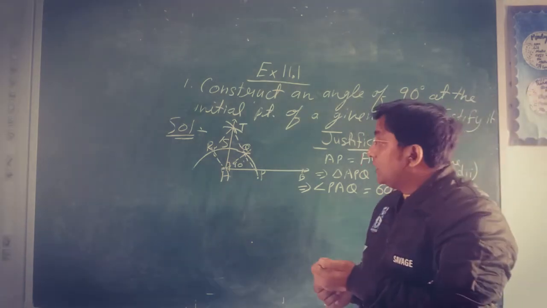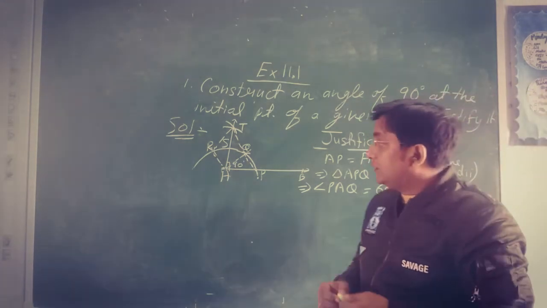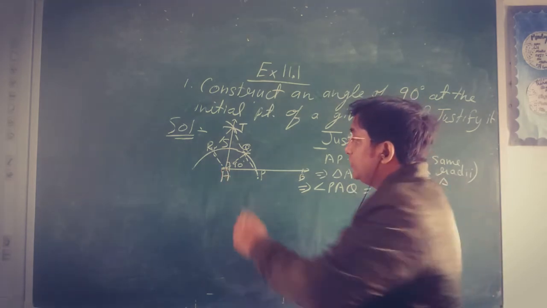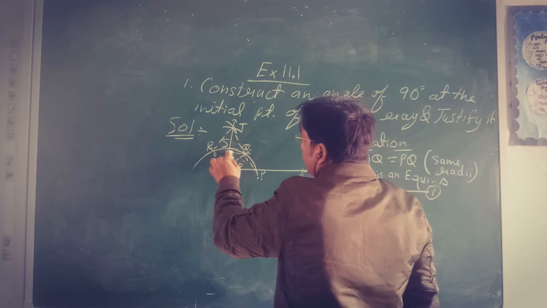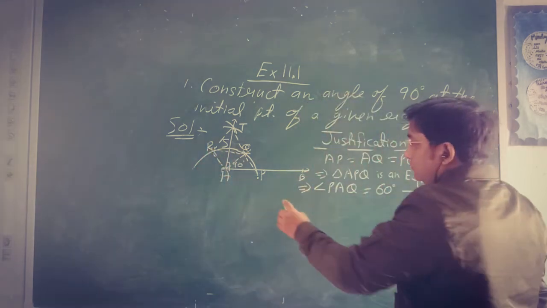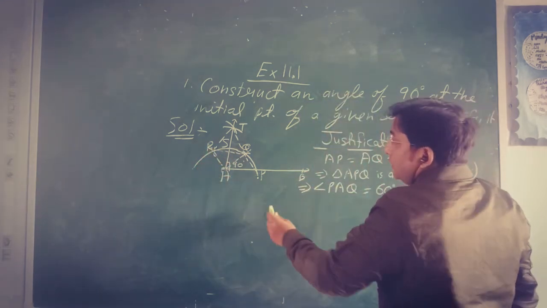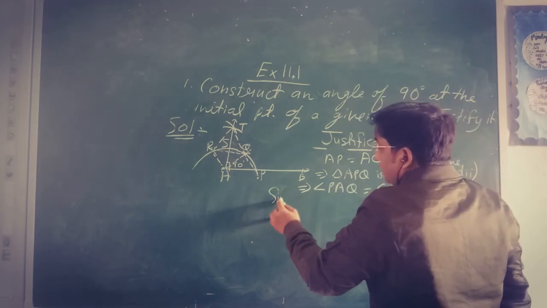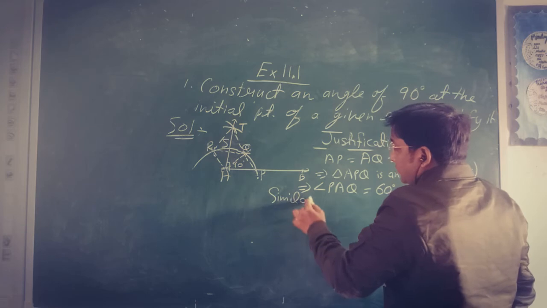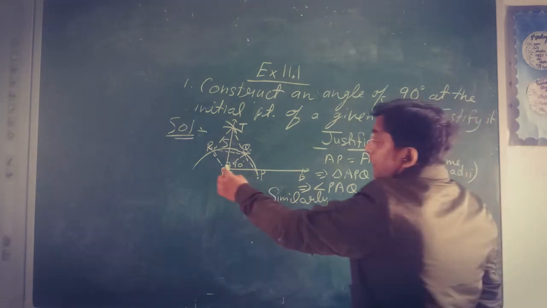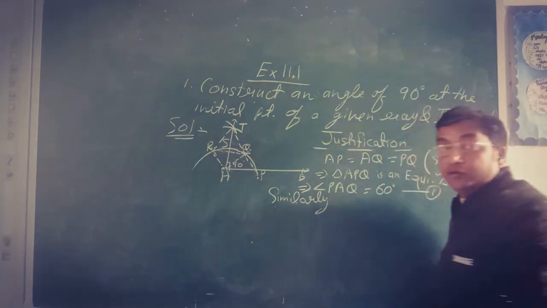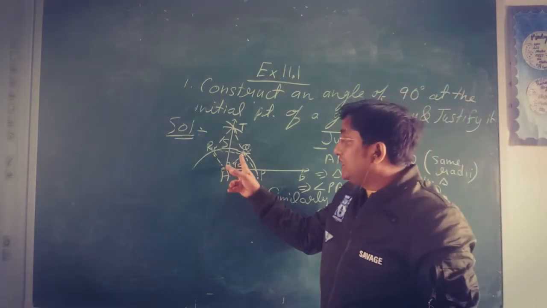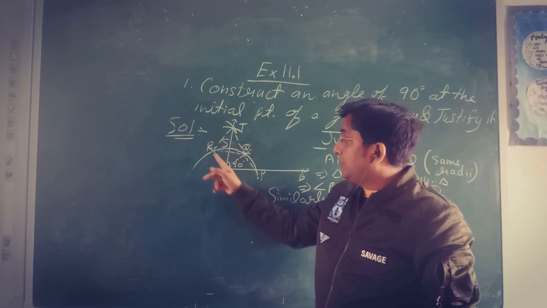Now similarly, you can show that triangle AQR is also an equilateral triangle. Why? Because these lengths have been taken with the same radius.